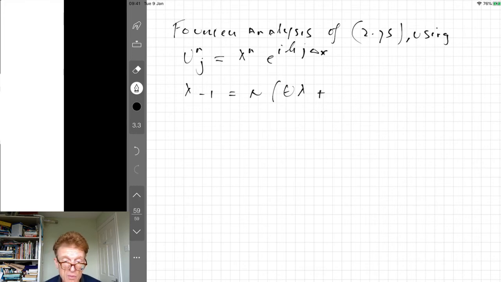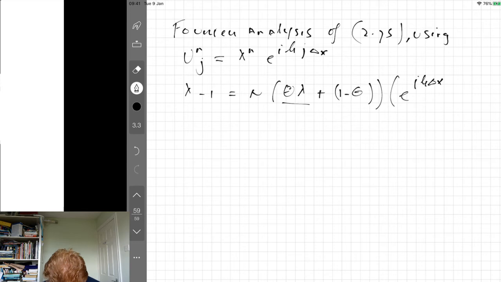The 1 comes from the u_{n,j} term on the right hand side, which I put to the left hand side. The theta term had everything in the future, so it picks up one lambda. The 1 minus theta term in the past doesn't pick up anything because it's at u_{n,j}, and then I pick up these terms from the normal stencil.